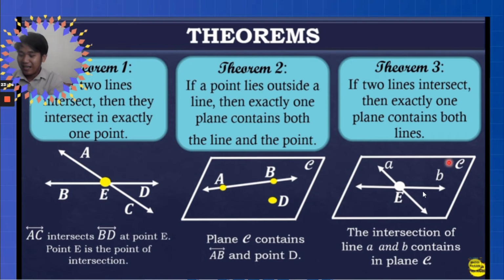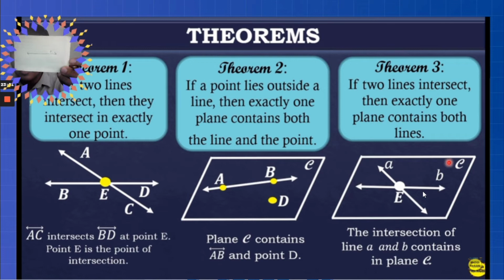Imagine, class, again, I will use this paper. I'll be cutting this. Imagine, just imagine. Okay, I will write lines. Line A and then line B. Imagine these two lines.